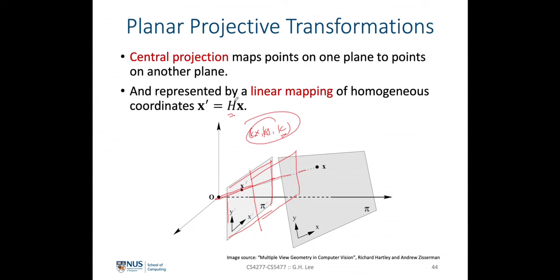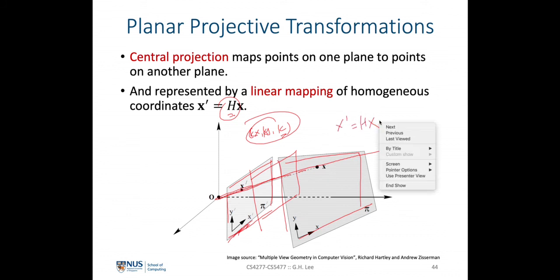But a homogeneous linear mapping simply means that I want to find, after I have transformed this plane into another plane which is not parallel to this particular plane, by considering the same ray that intersects these two planes, the relation between these 2 points, which I call x prime and x over here, would be related by a homography, which can be written as x prime equals H multiplied by x.